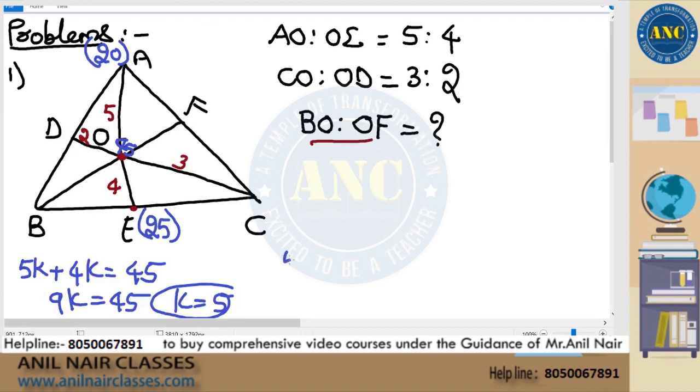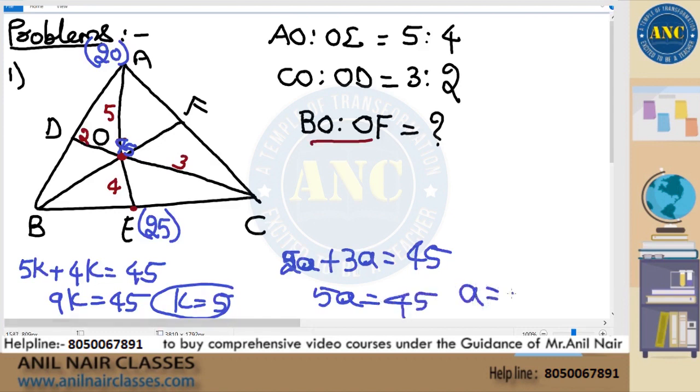Similarly, on this line, 2a plus 3a is nothing but 45. 5a is 45, so the a value is 9. If a is 9, what is 2a? 18. 18 will come here.